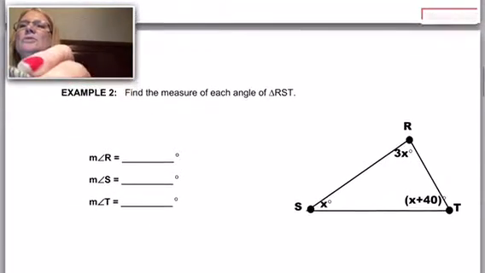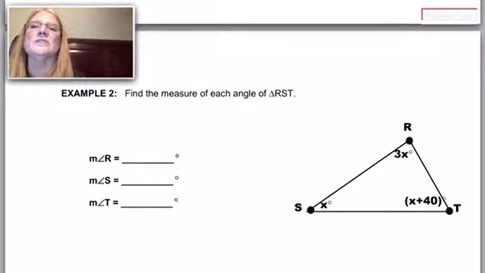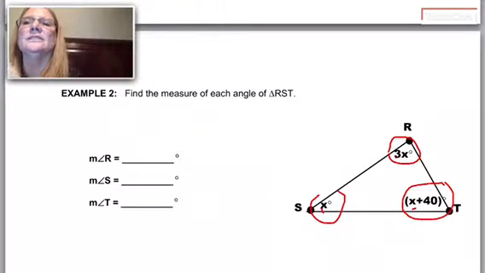Next here on example 2, it says find the measure of each angle of triangle RST. Well, we see triangle RST has angle measures of 3x, x, and x plus 40. We know when we add these together, we have to get 180. So let's add 3x plus 1x plus 1x is 5x.